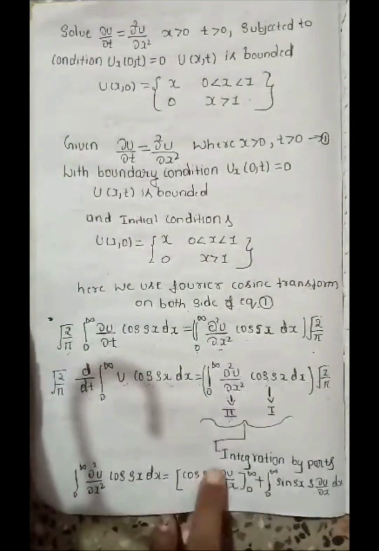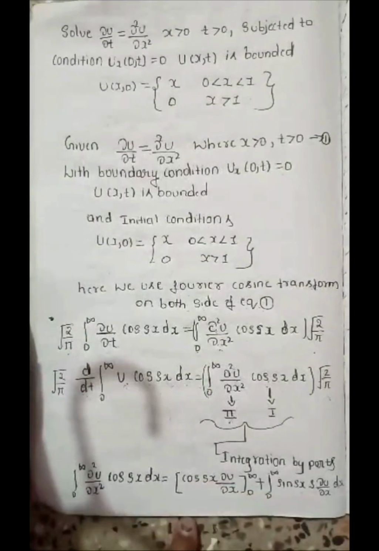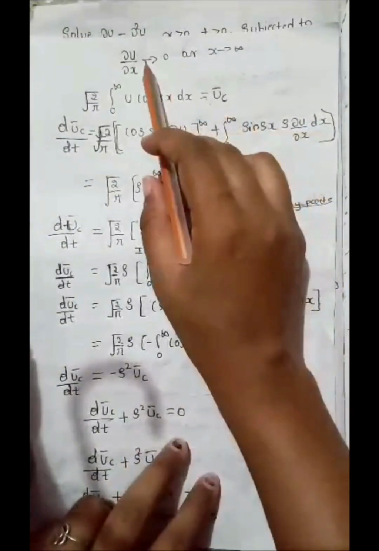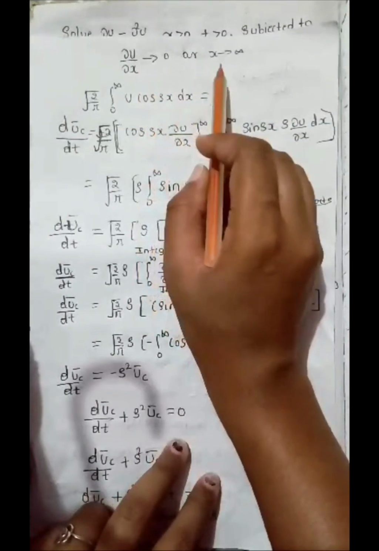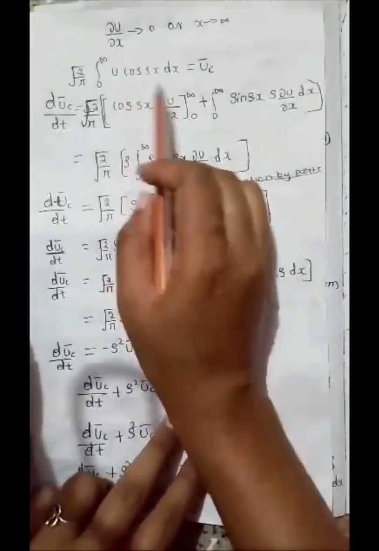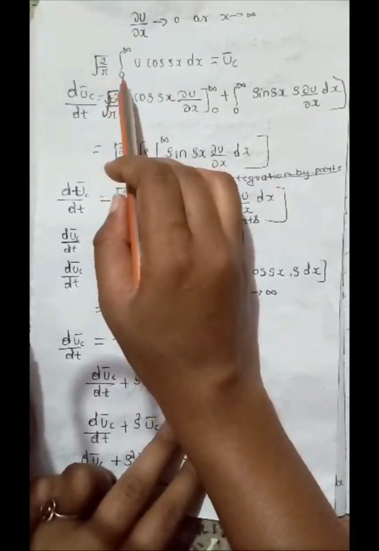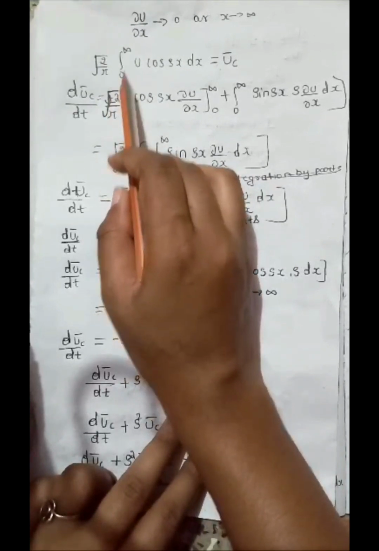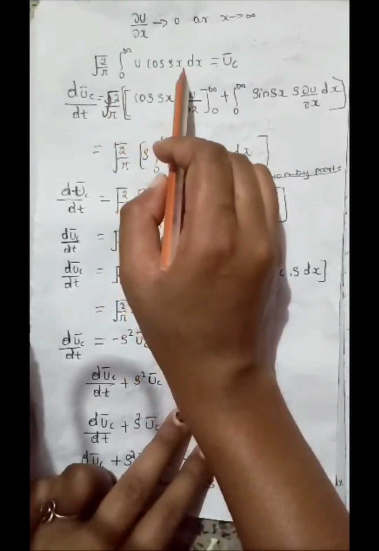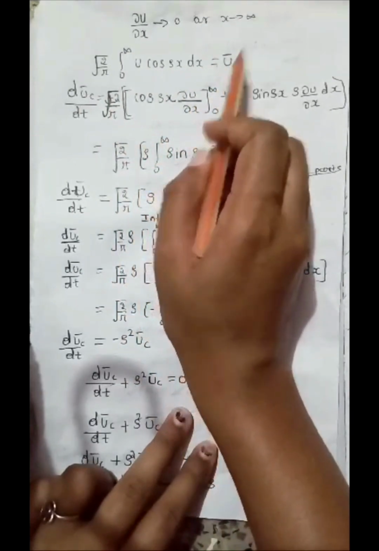I have written the same thing here, you can see. Continuing, ∂u/∂x tends to 0 as x tends to infinity. So √(2/π) ∫₀^∞ u cos(sx) dx is equal to ū_c.